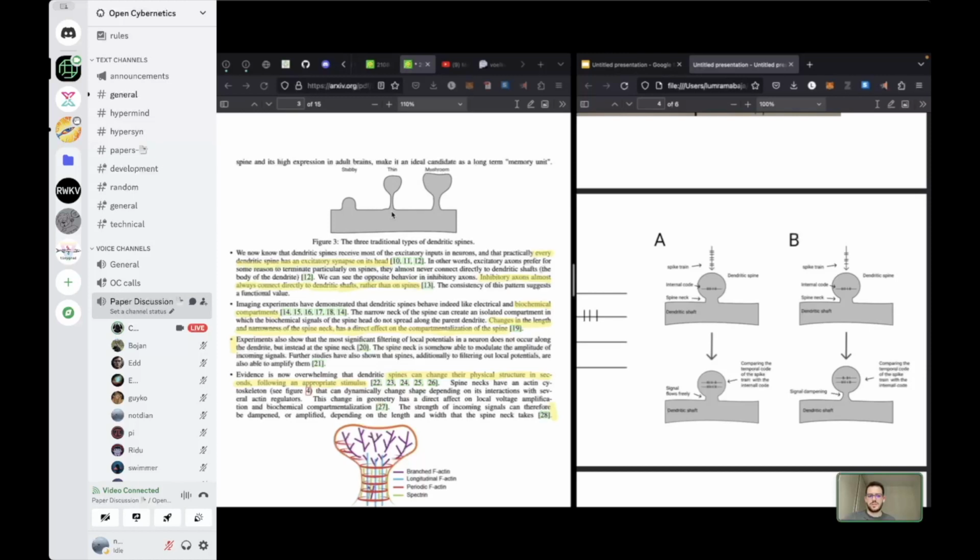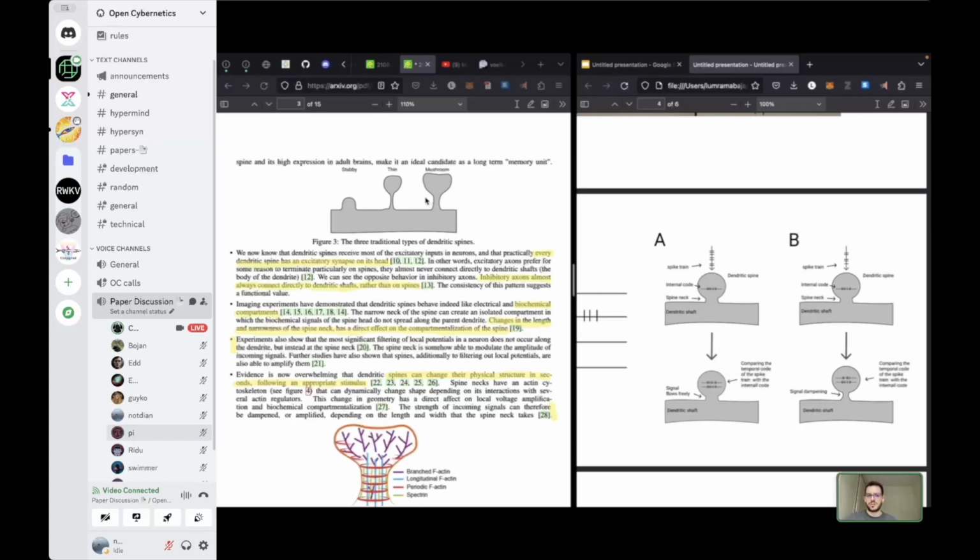It's believed, and one of the papers that I referenced here covers this in more detail, that thin spines have more of a short-term memory role, and mushroom spines serve more for long-term memory purposes. And thin spines can actually become mushroom spines. So mushroom spines are like mature dendritic spines.